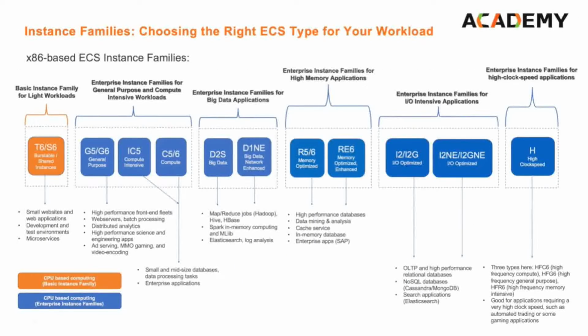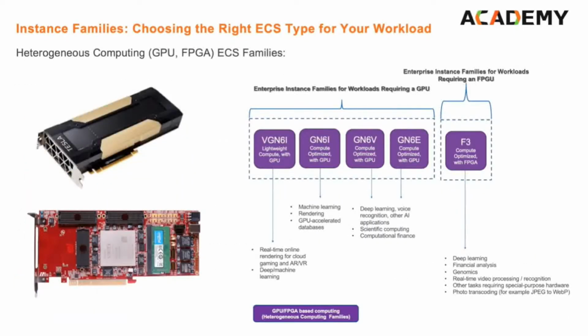Now we see the ECS instance families, and how to choose the right ECS type for our workload. We have basic CPU based computing, then enterprise CPU based computing, and then heterogeneous computing ECS instances.